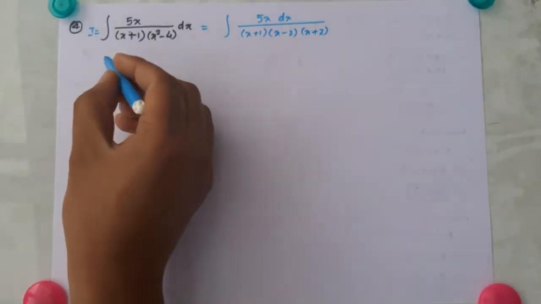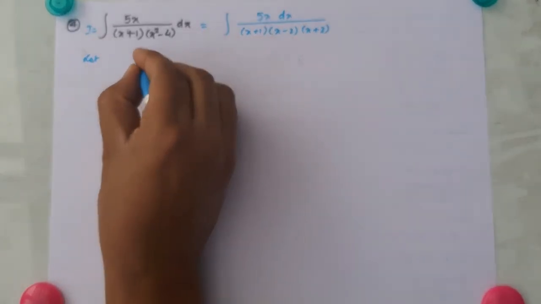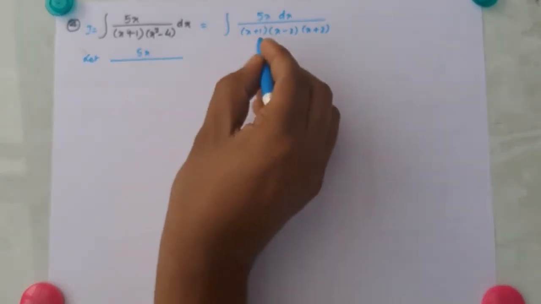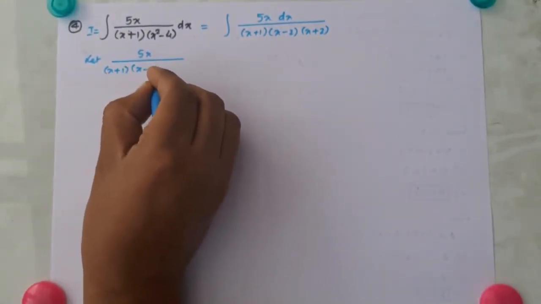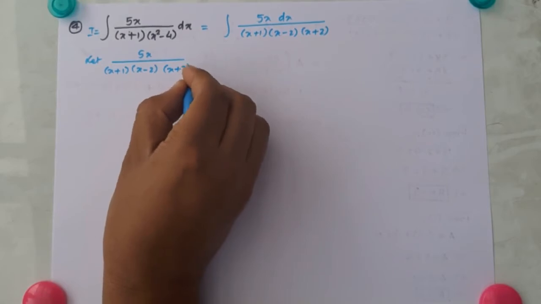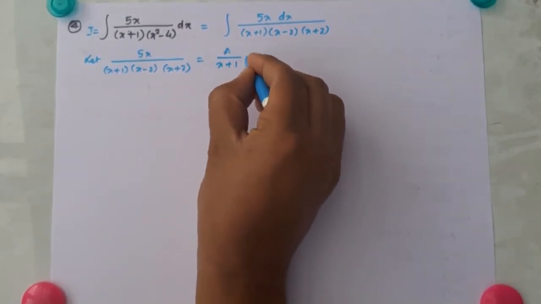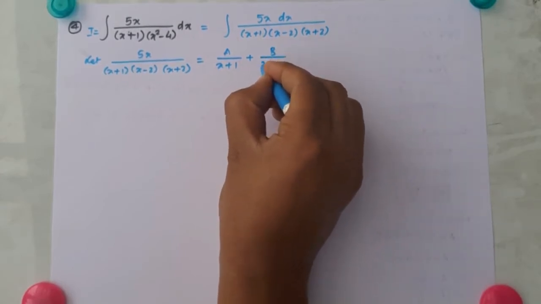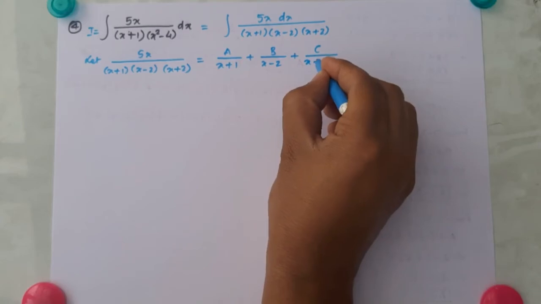Yes, so in this case again you have to take this entire thing, that is 5x by (x plus 1) into (x minus 2) into (x plus 2) equals a by (x plus 1) plus b by (x minus 2) plus c by (x plus 2).